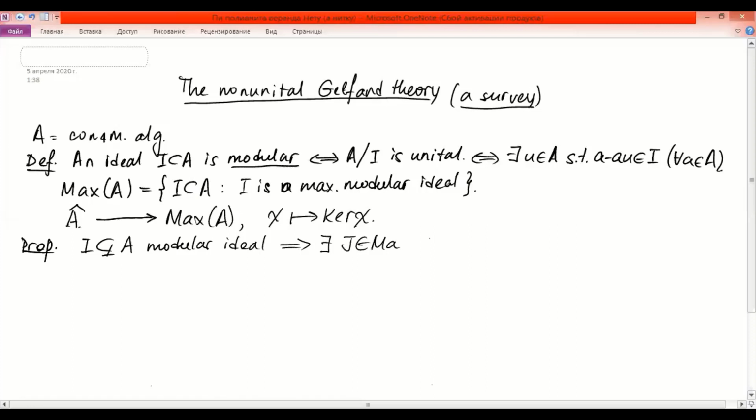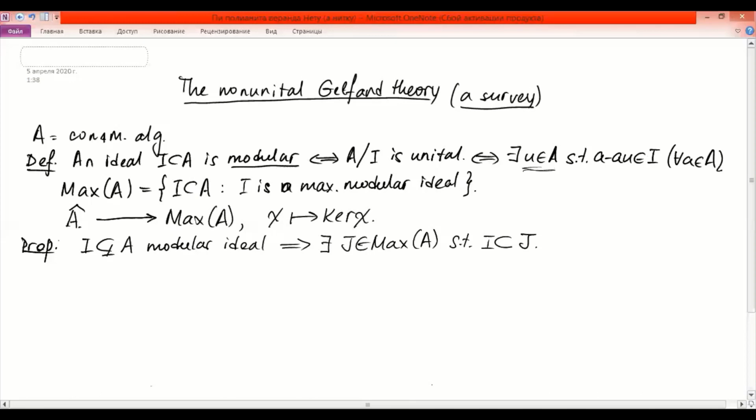There is a maximal modular ideal J of A such that I is contained in J. So it's important to stress that for non-modular ideals, this result fails. So it's essential here that the ideals are modular. And the proof is very similar to the unital case. So we just replace the identity of the algebra by the modular identity little u for the ideal I, and repeat essentially the same argument.